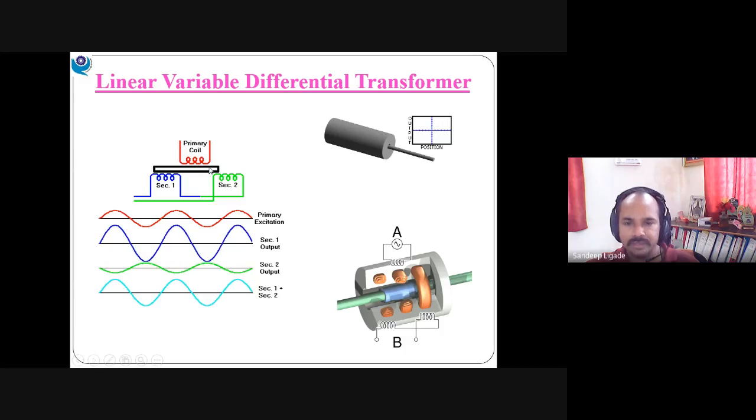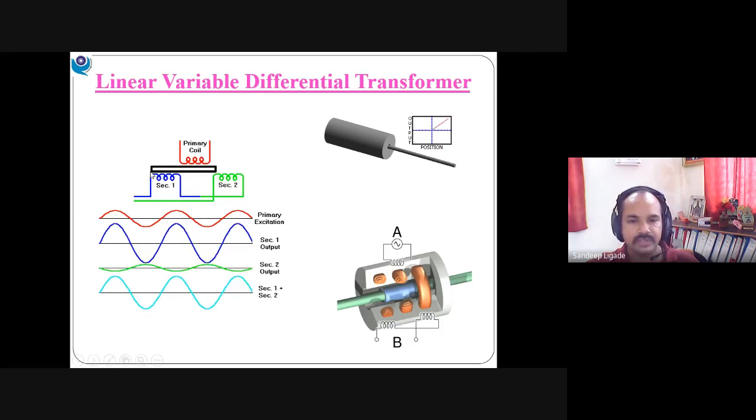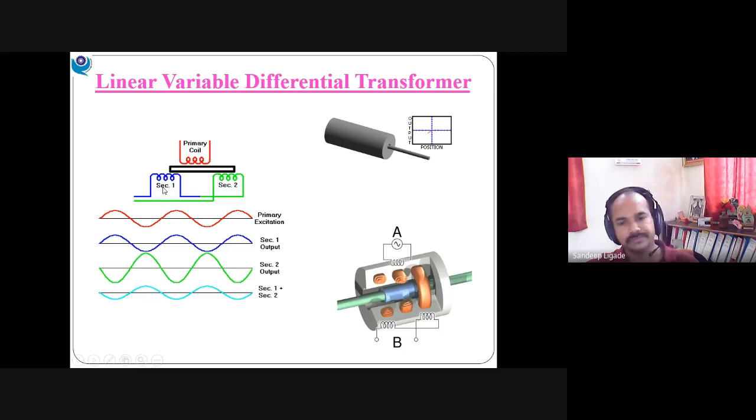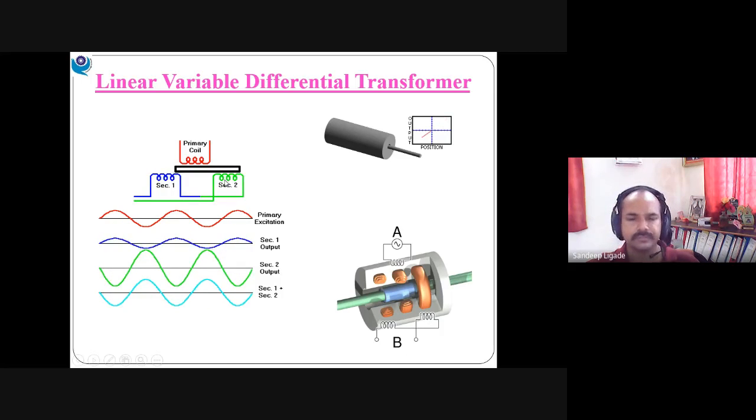Similarly, when the core moves to the left hand side, towards the blue side, secondary 1, the flux linkage to secondary 1 is more. That's why the voltage developed across secondary 1 is also maximum, right? And at that moment the voltage across secondary 2 is less because the flux linkage is very less.